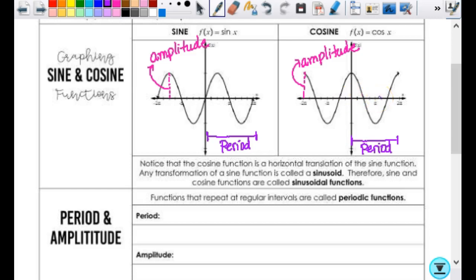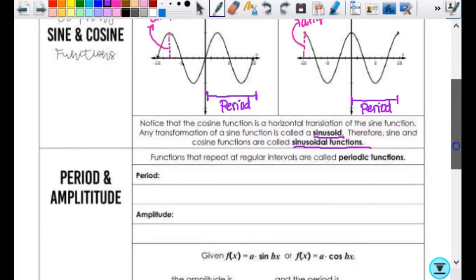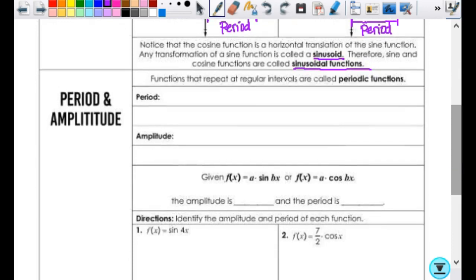So one is just a horizontal shift of the other. And so it says, notice that cosine function is a horizontal translation of the sine function. Any transformation of a sine function is called a sinusoid. Therefore, sine and cosine functions are called sinusoidal functions. And functions that repeat at regular intervals are called periodic functions. So they also fall into that category of periodic functions.